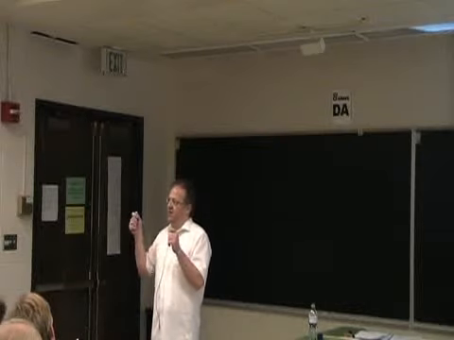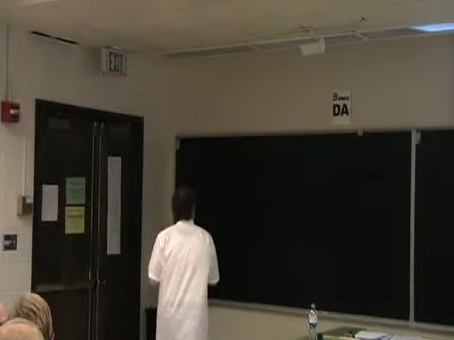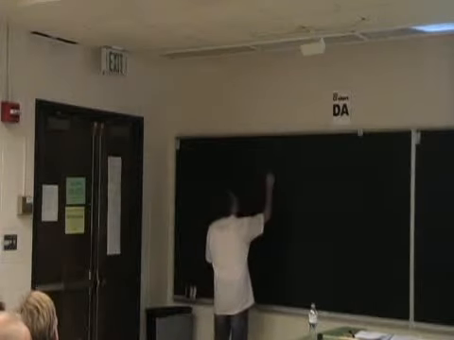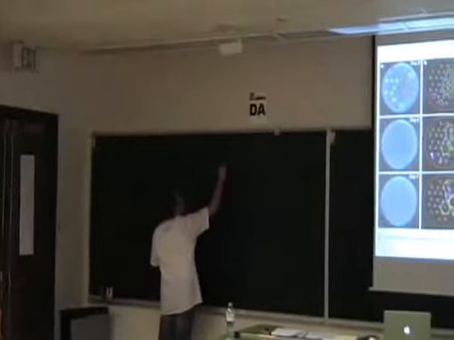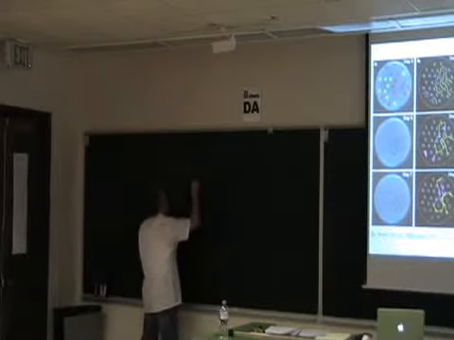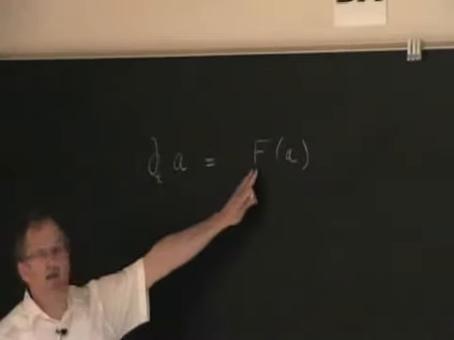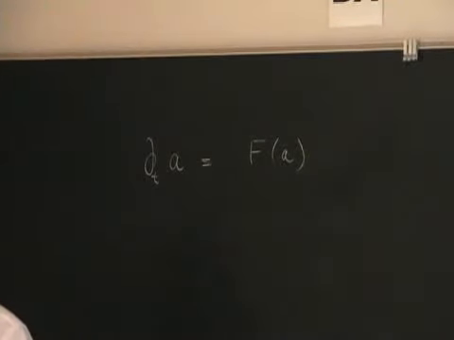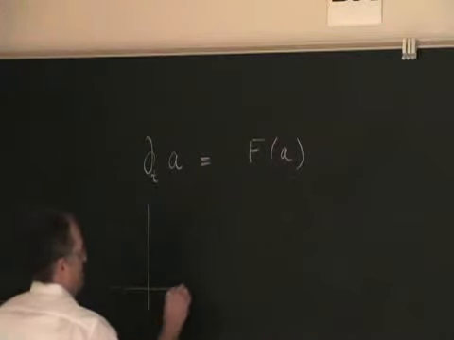In terms of a nonlinear equation, this is a one-dimensional problem. The equation you have is dA/dt is some function f of A. A is the fraction of cooperators, and the right-hand side is all the stuff you collect from your payoff matrix. So this is a one-dimensional nonlinear problem. Then you have several choices.